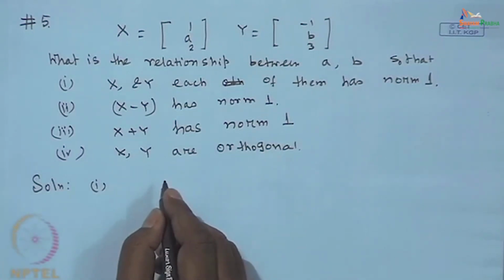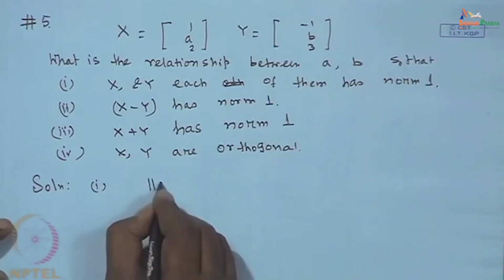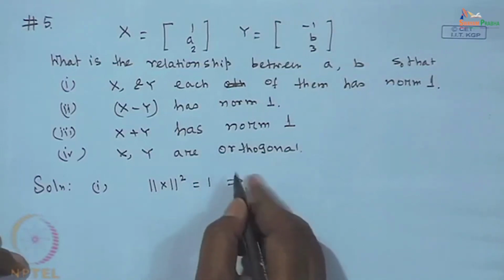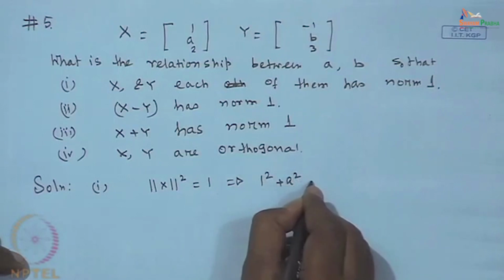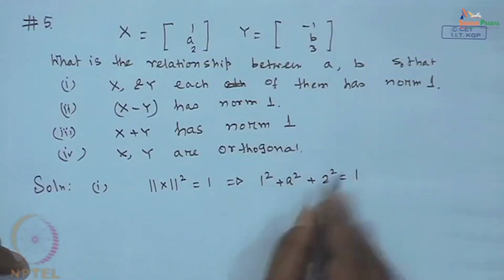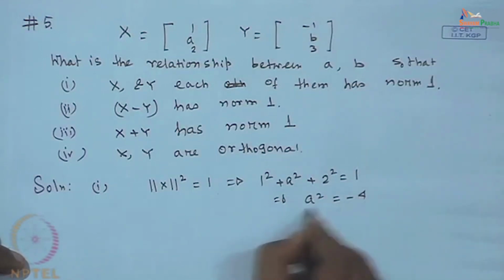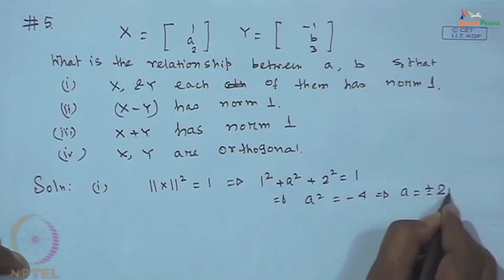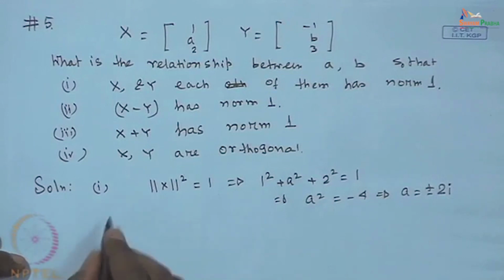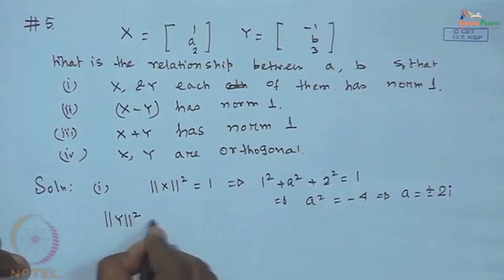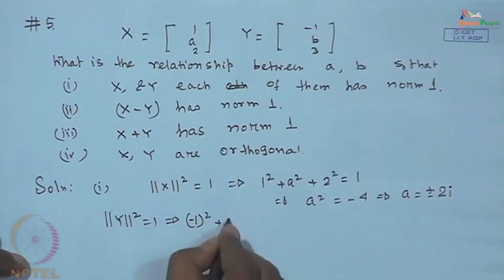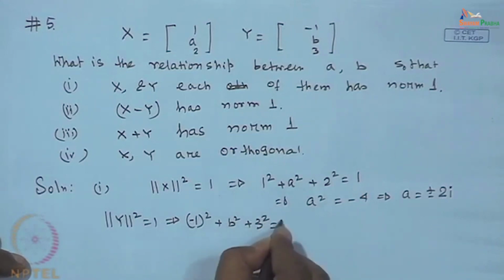The first part, x has norm 1, that means norm of x is equal to 1. So, therefore, it will be 1 square plus a square plus 2 square is equal to 1. So, a square is equal to minus 4. So, a is equal to plus minus 2i. y has norm 1, that means minus 1 square plus b square plus 3 square is equal to 1.